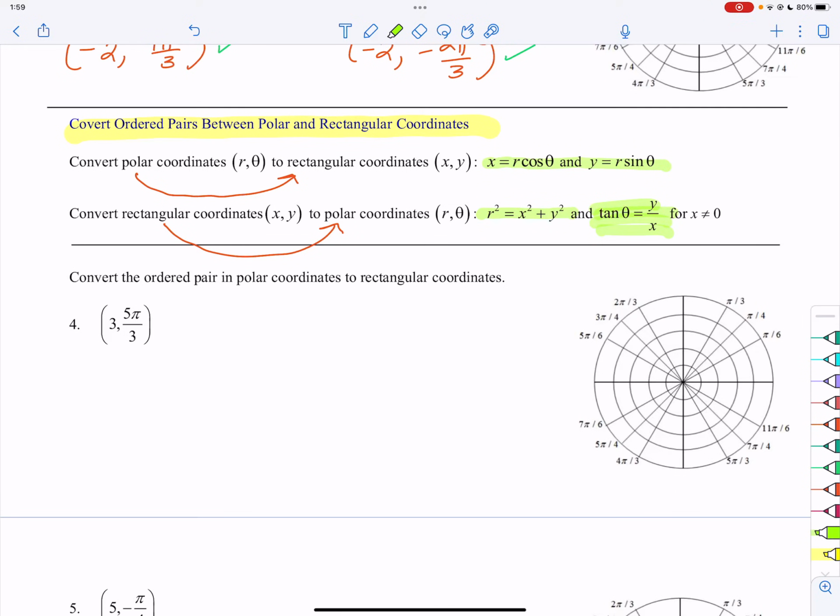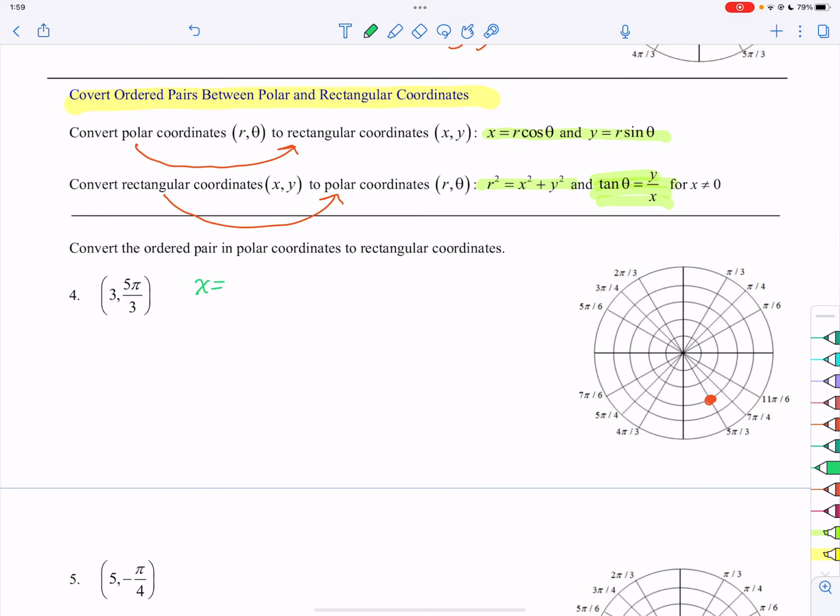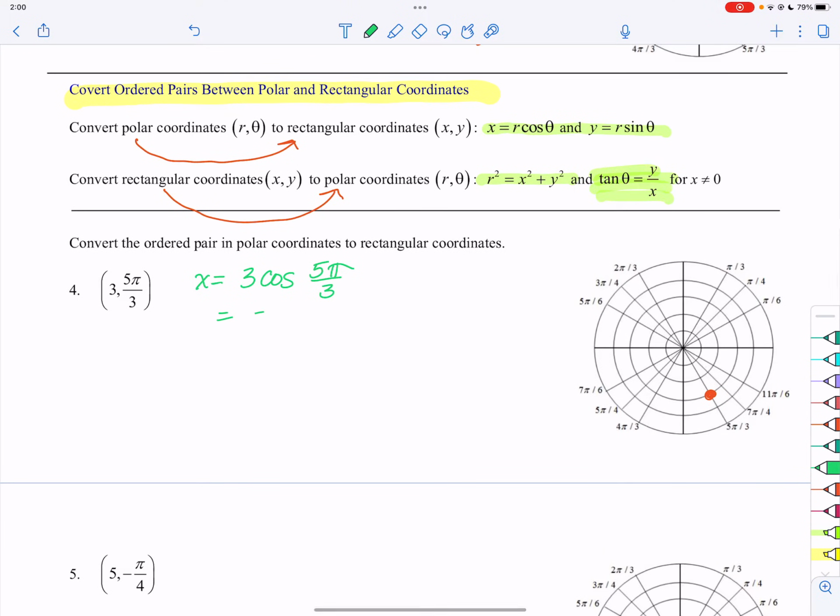So I always like to plot this point first. So if we have 3, 5 pi over 3, we are right here. And now, let's go ahead. We have that x is equal to 3 cosine of 5 pi over 3. And that is equal to 3 multiplied by 1/2.